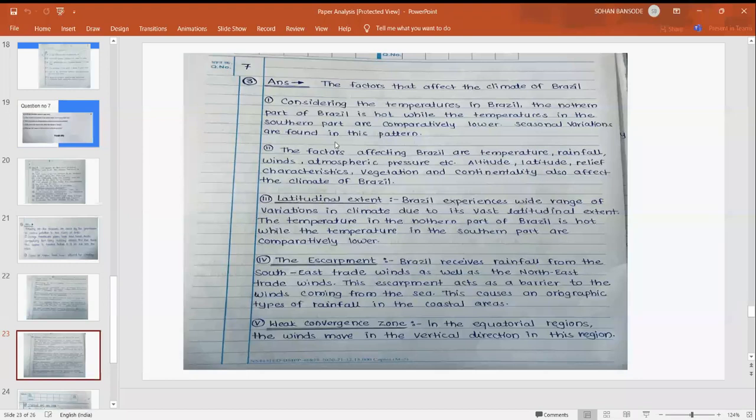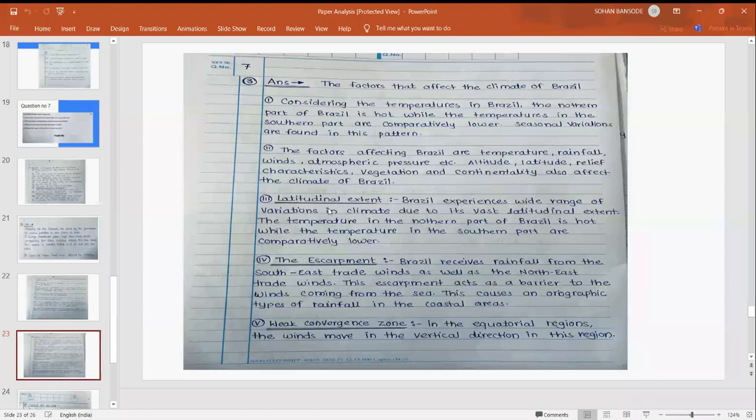Seasonal variations are found in this pattern. So next point is the factors affecting Brazil are temperature, rainfall, winds, atmospheric pressure, etc. Altitude, latitude, relief characteristics, vegetation, and continentality also affect the climate of Brazil.